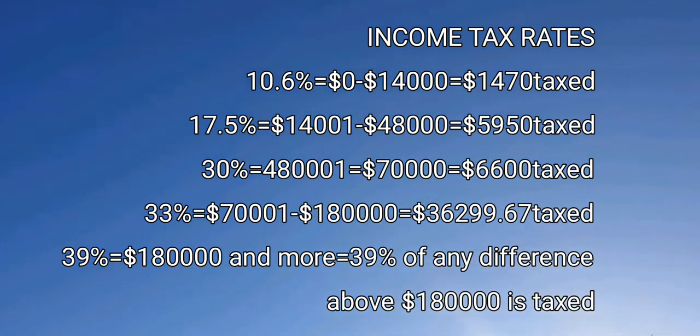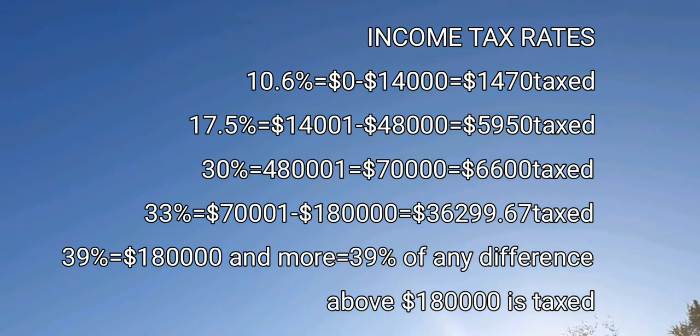And the 39% tax rate is any earnings that are over $180,000. You need to understand, and this is the earnings added all together from the 1st of April to the 31st of March the following year.